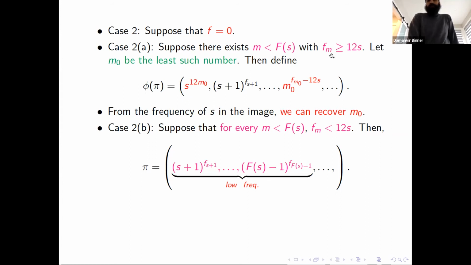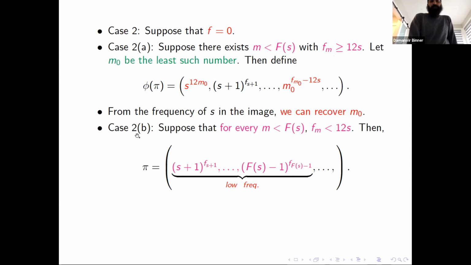So we remove these 12s parts of m naught and compensate by adding 12 m naught parts of s. So the image of pi has frequency of s equal to 12 m naught, and from there we can recover m naught. So the map is going to be injective in this subcase as well.